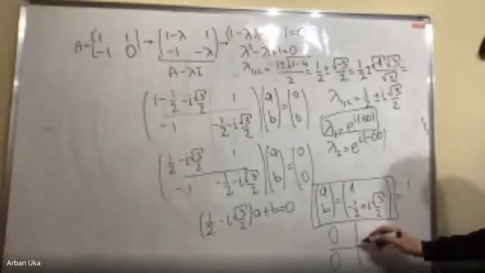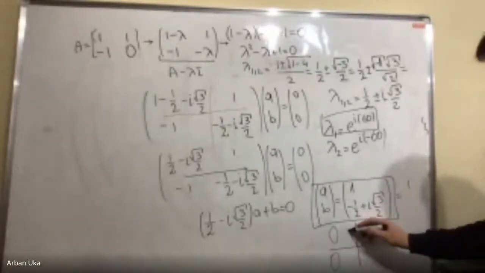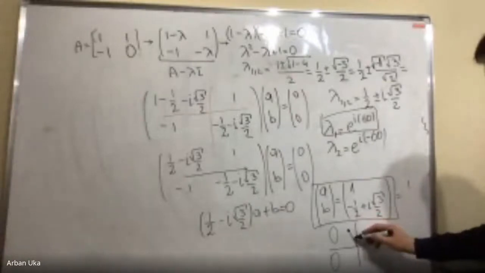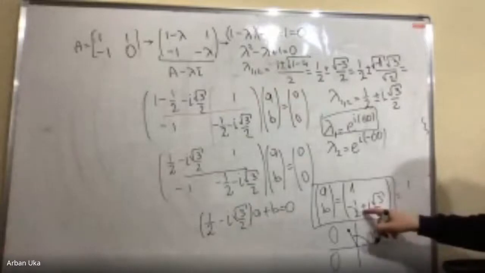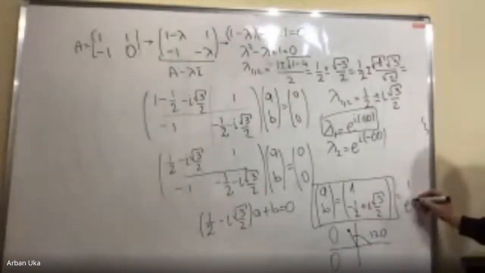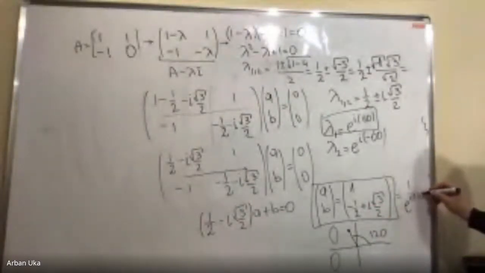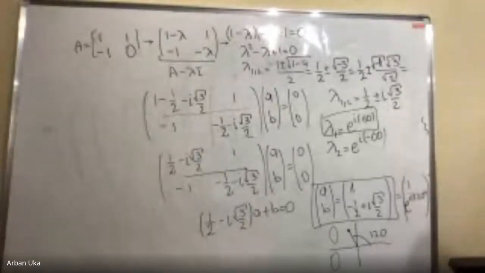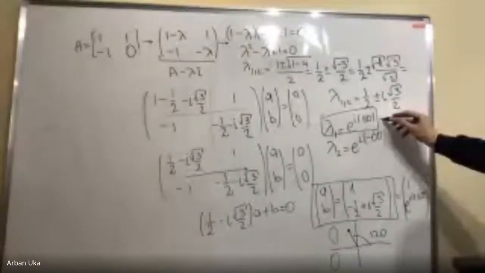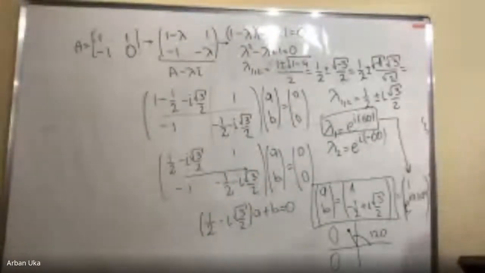Sine is positive, so it looks like we are right here. So we are here, at this angle of 120, because this number is e to the power i 120. This is this eigenvector, and by the way, it corresponds to this specific value.